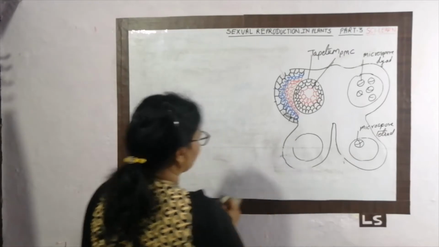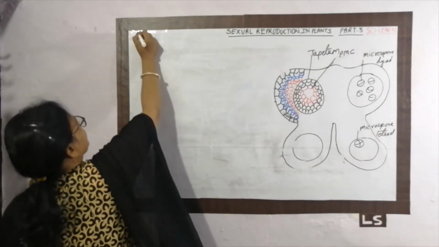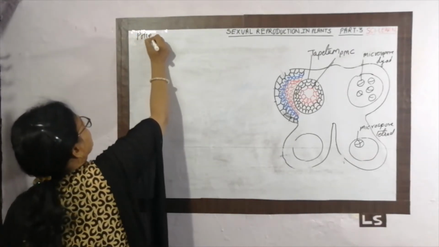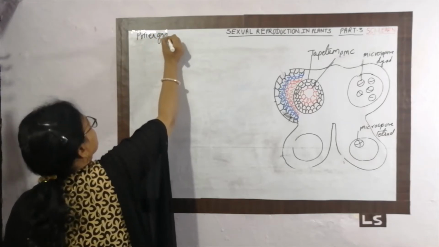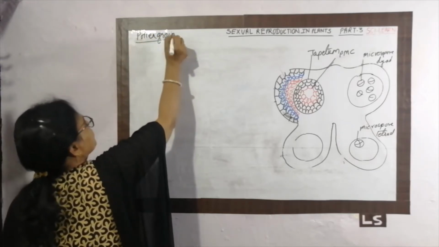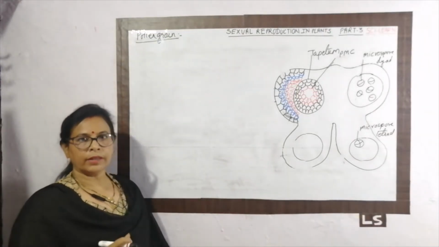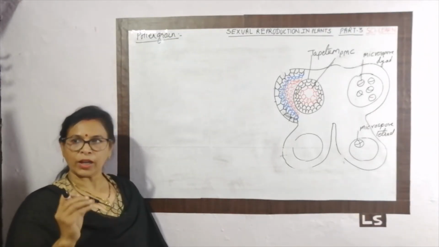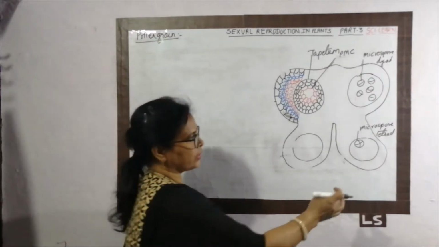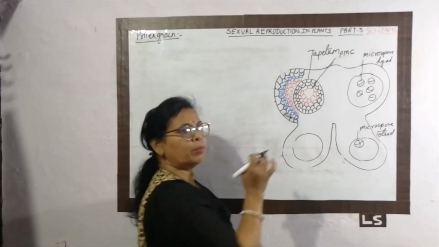Okay, so let's move towards the pollen grain. Pollen grains are microspores. Actually, microspore tetrads develop to form the pollen grain.